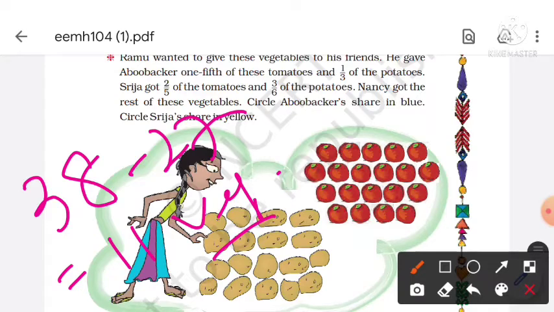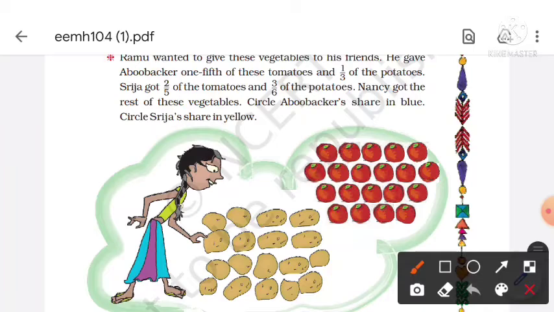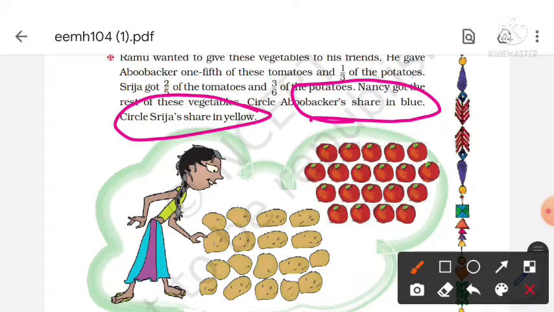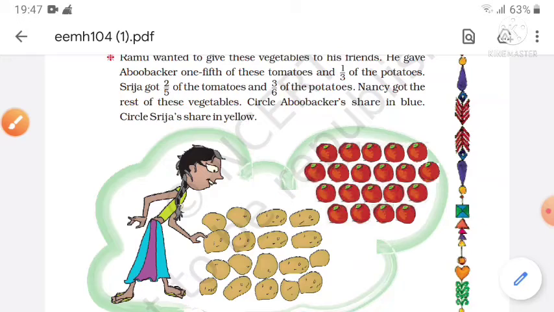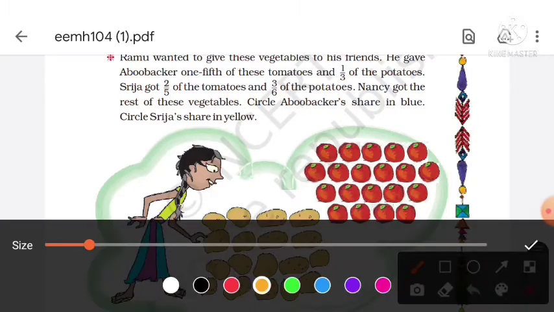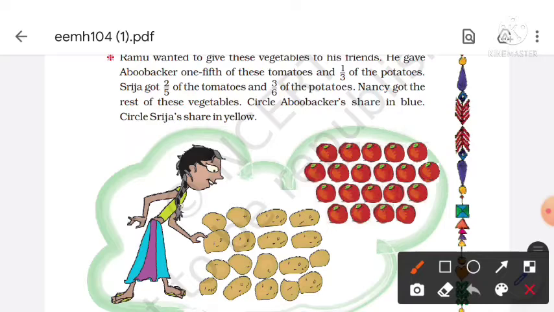Now we have to circle Abu Bakr's share in blue and Srija's share in yellow. Okay, so if we change the color here, we can make it first yellow.